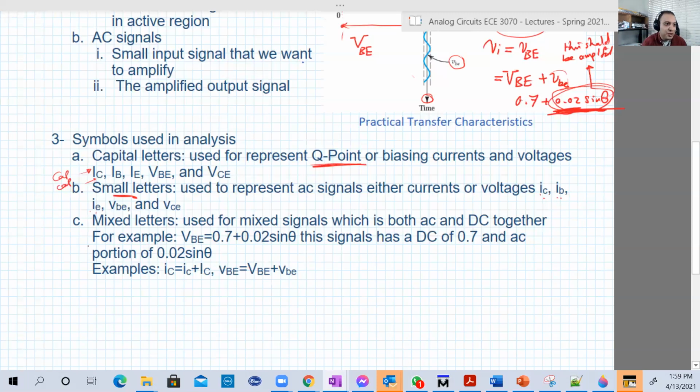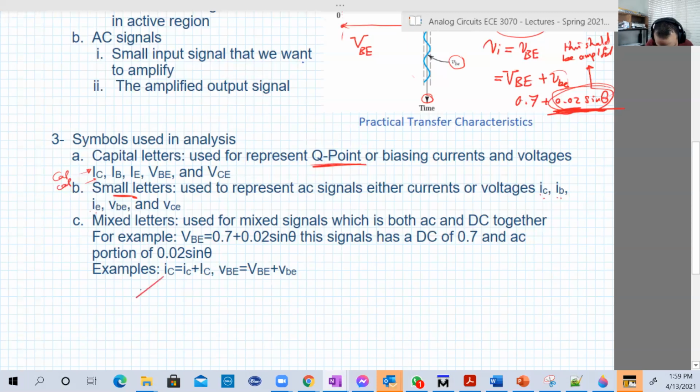How about when you have both? We will not do that, but if we wanted to do the analysis with the AC and the DC at the same time, we would mix: the symbol itself is a small letter, but the subscript is capital.